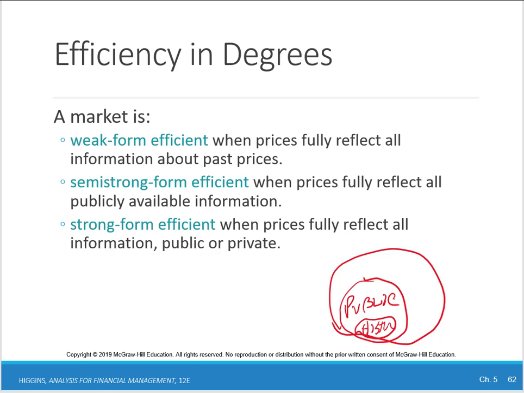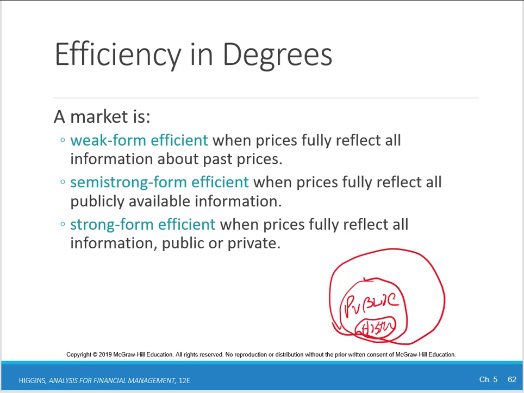Semi-strong form, using all public information, there's some very mixed results on how that actually would work. Again, some information is absorbed very quickly, and some information takes some time. So depending on the information, the semi-strong form may or may not be very efficient.